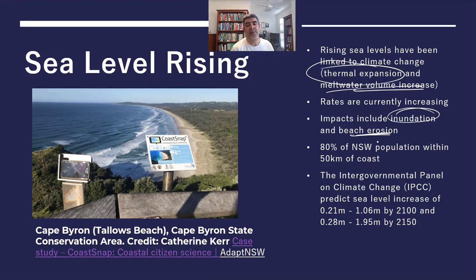The Intergovernmental Panel on Climate Change, or IPCC, predicted a couple of potentially concerning sea level increases, about a metre by 2100 and maybe as much as 2 by 2150. Now, of course, these are long-term predictions.